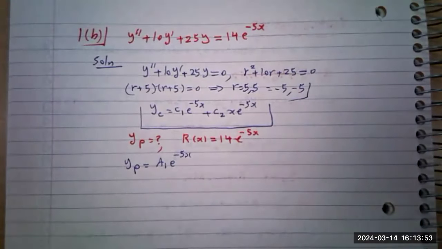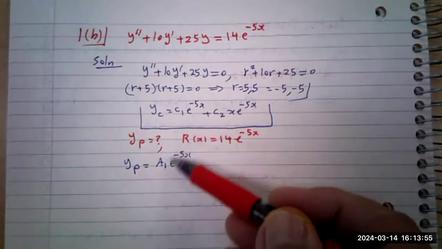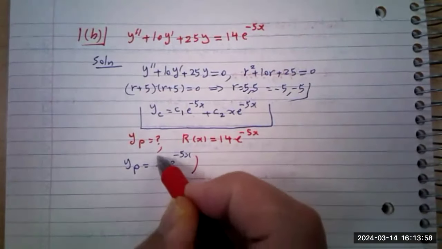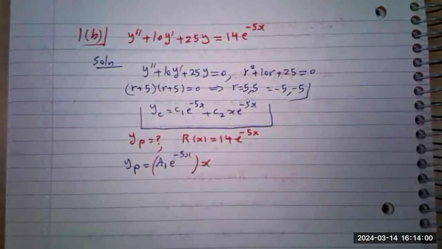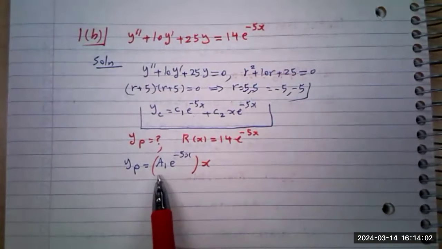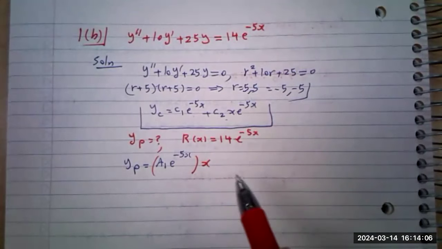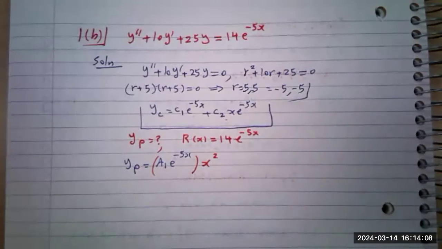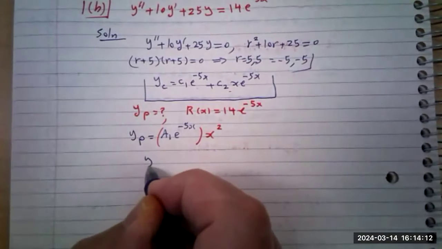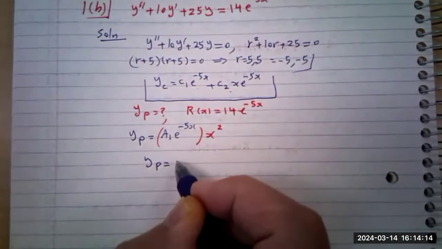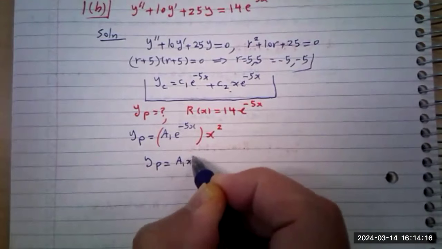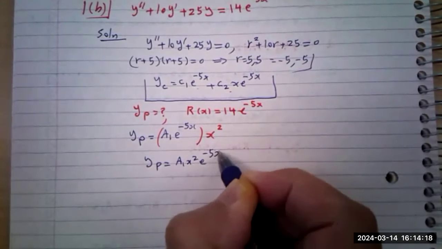Check this one: there is a duplicated term, so you have to multiply by x. But you arrive at x a e to the negative 5x, which is repeated here again, so you have to multiply by x squared. So yp is going to be a1 x squared e to the negative 5x.